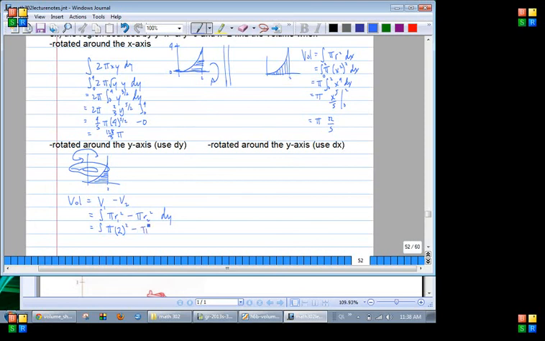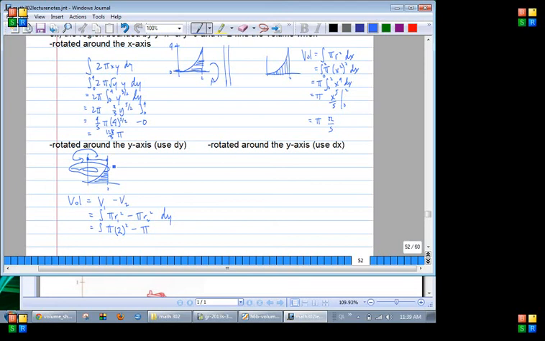Now what's the inside one? x squared. Okay, well the function is y equals x squared, but what's the radius? x squared minus 2. The radius on the inside goes from here to here.